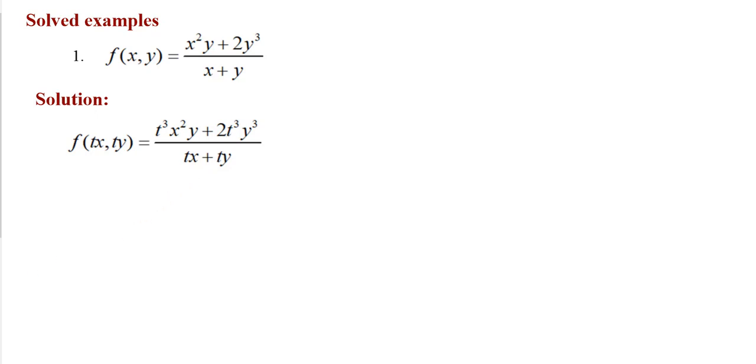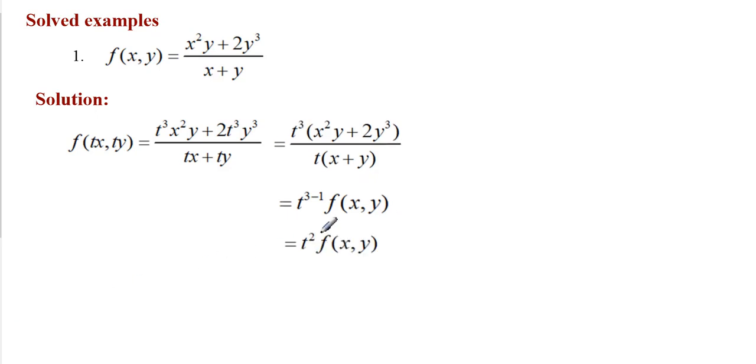Simplifying that, we can factorize the numerator with a common factor t to the power 3, and in the denominator we've got common factor t. We can write that as t to the power 3 minus 1 multiplied by f of x, y, as you can see that the expression remaining here is actually f of x, y. Simplifying, we end up with t squared multiplied by f of x, y.